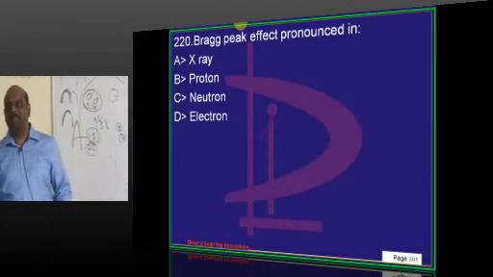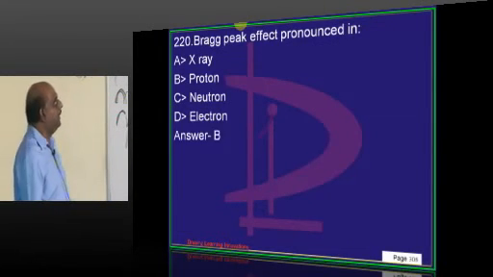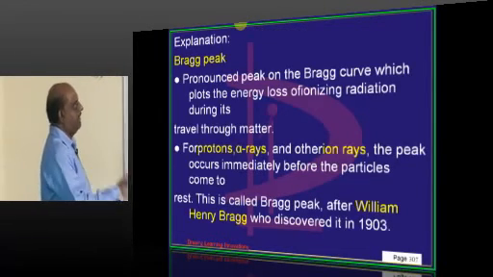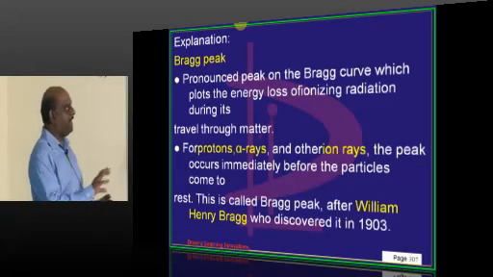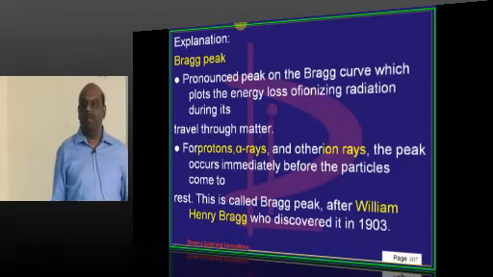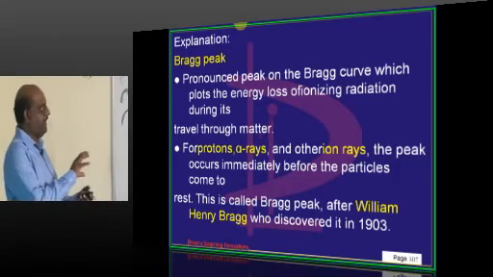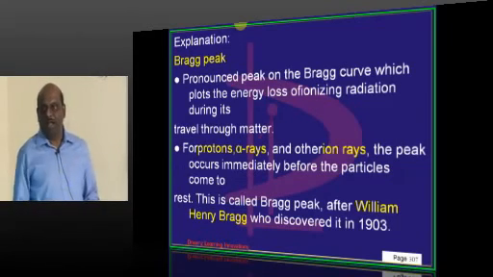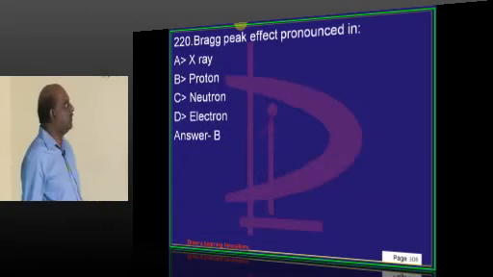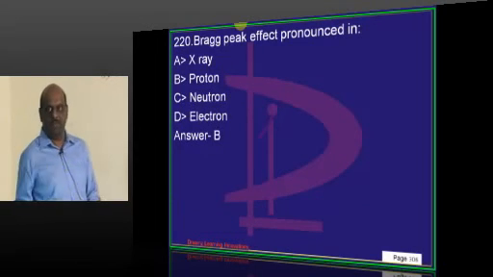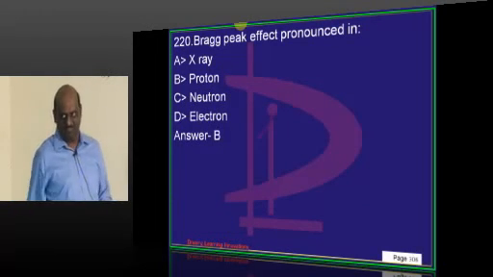What is meant by Bragg's peak? So whenever the protons or alpha rays or other ionic rays pass, they basically lose some of their energy, and that energy loss is detected on the Bragg's peak. So the highest amount of energy loss will be there at the end of the proton's path.